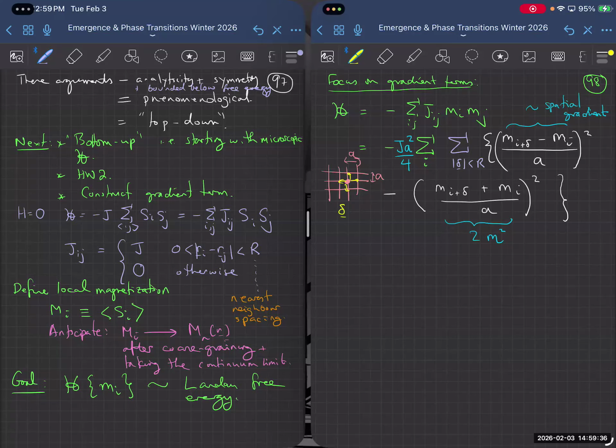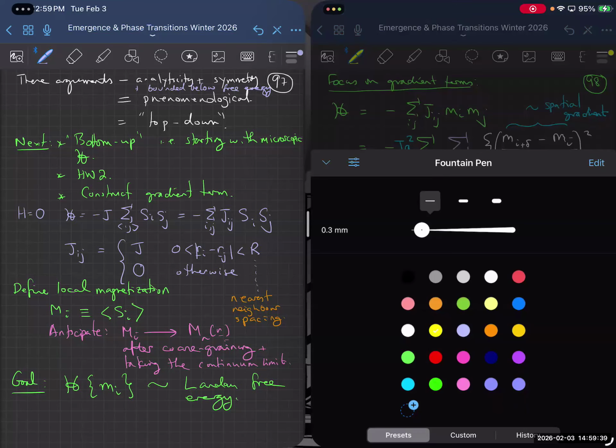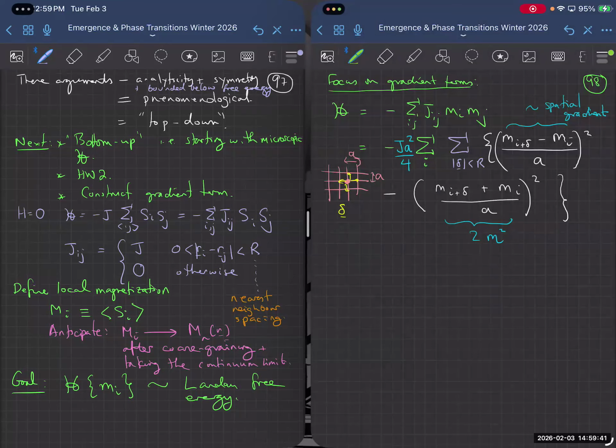Then what I'm going to do is take this formula and expand this.